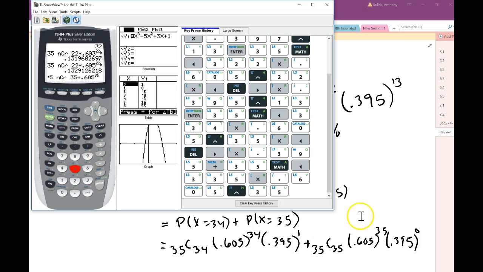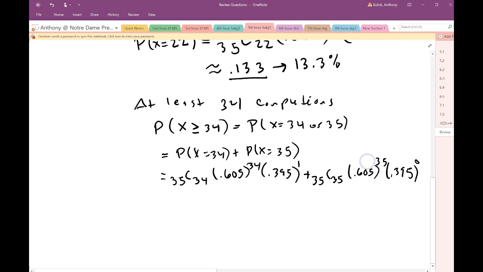And then 0.395 to the first is just 1, so I'm not going to bother writing it. You could type it in, it's not wrong to do that, but I'm just going to save myself some button pushing. So that is 3.41 times 10 to the negative 7, or 0.0000341%.